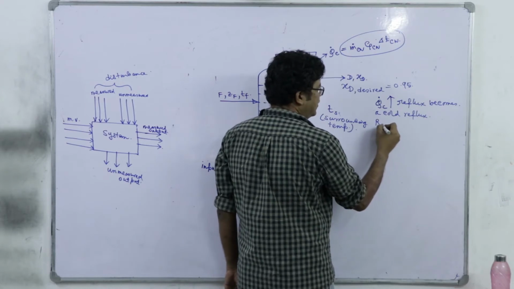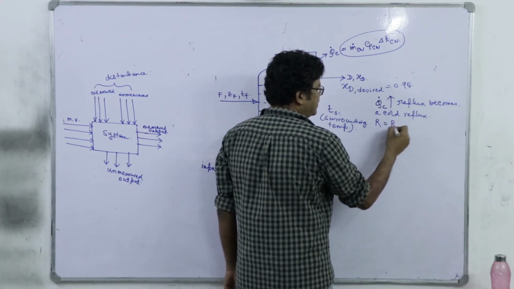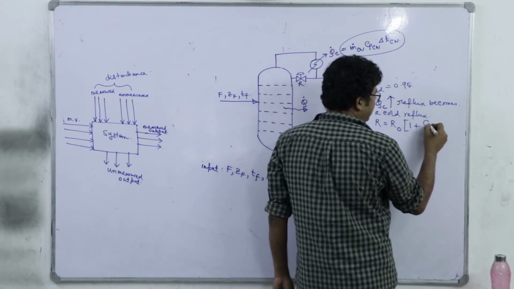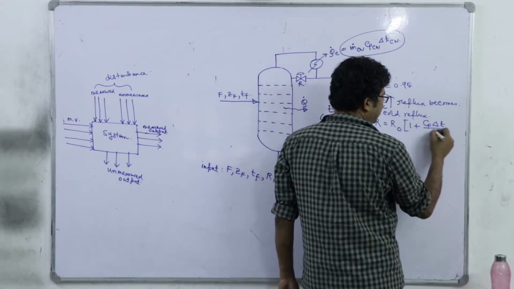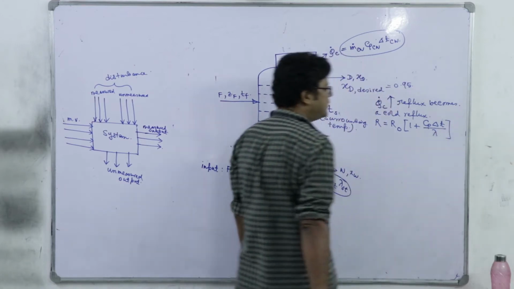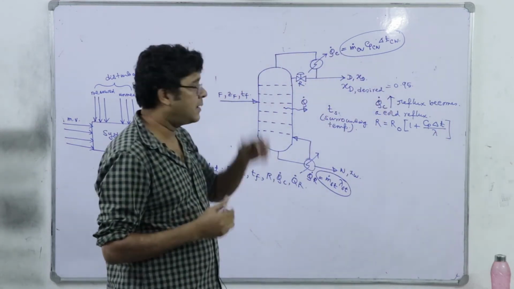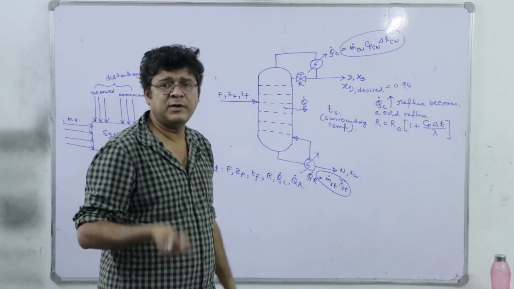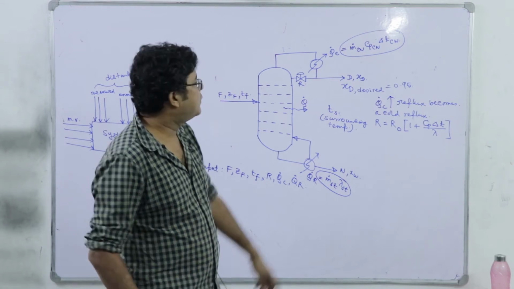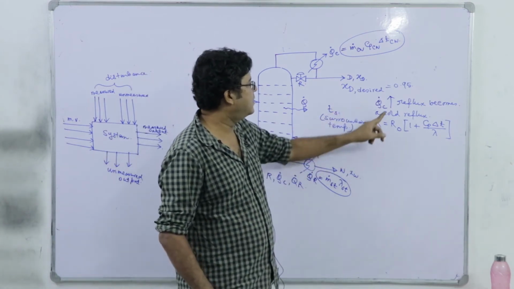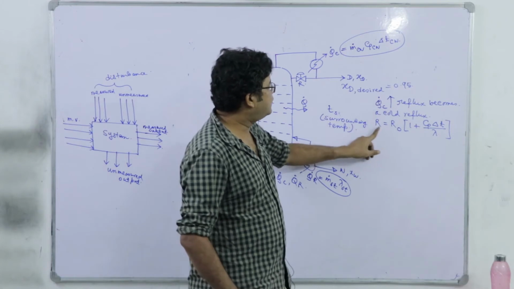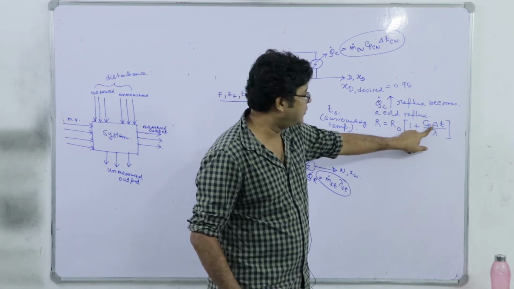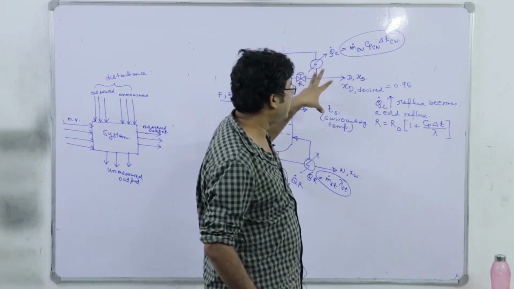and for cold reflux, the internal reflux ratio is the external reflux ratio plus Cp into delta T divided by lambda. We have studied this in mass transfer, in this chapter of distillation. So if I am increasing Q dot C, I am actually going to change R, because I am changing the degree of subcooling of the reflux.